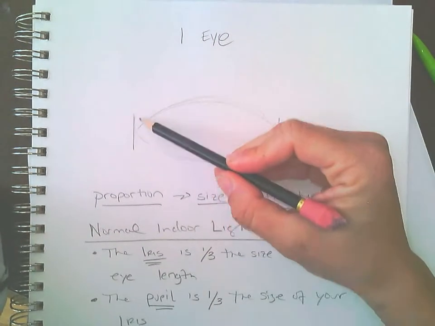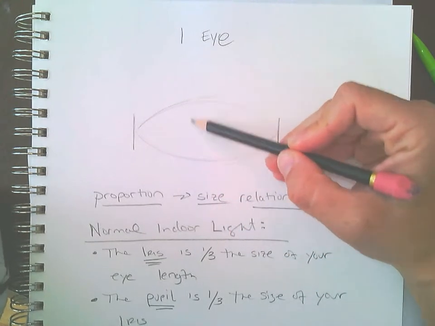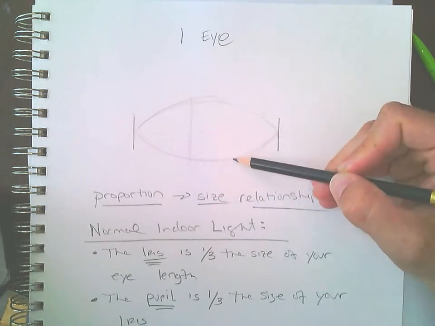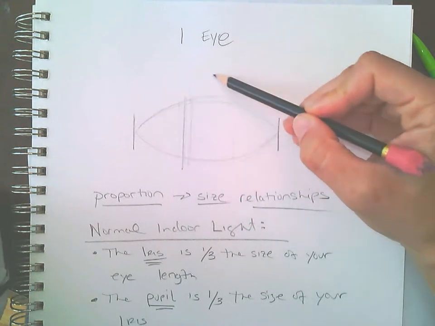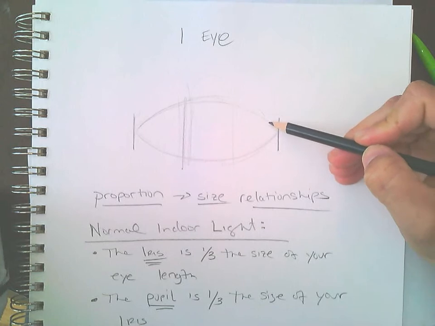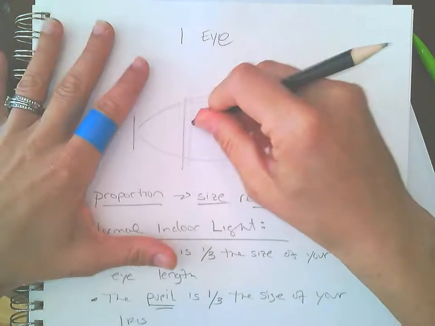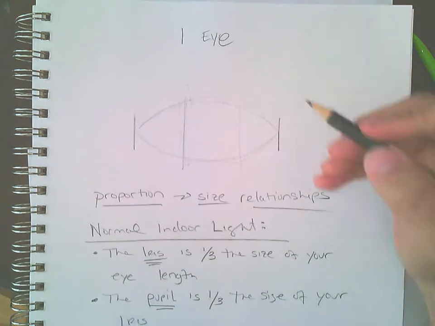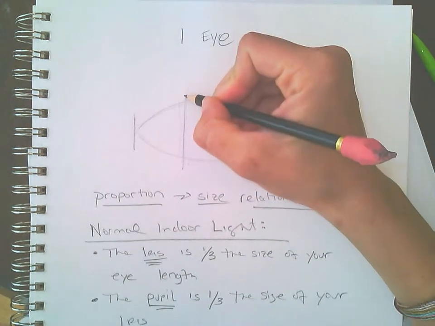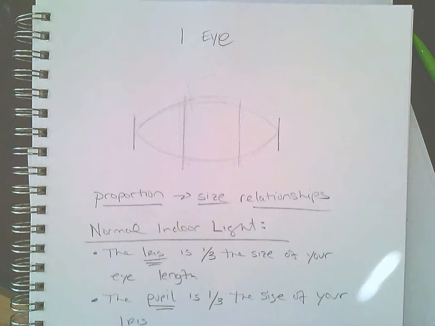So if we were to split this into one, no, that's too wide. One, that's about equal. We'll go a little bit wider. You see how I dated the lines? I didn't marry them right away. I was just trying to get a nice light bracket so I can understand how big my iris should be.